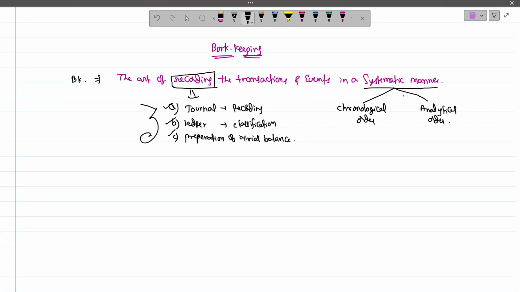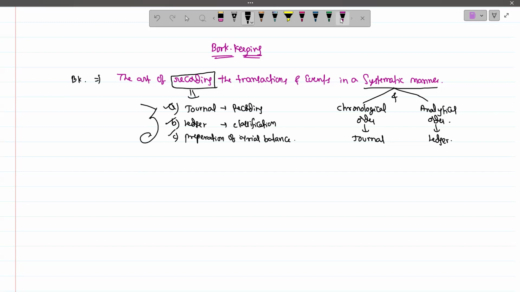The systematic manner means we have to record the transactions in chronological order in case of the journal, and analytical order in case of the ledger. Bookkeeping covers simply clerical work, the clerical work of the accountant.